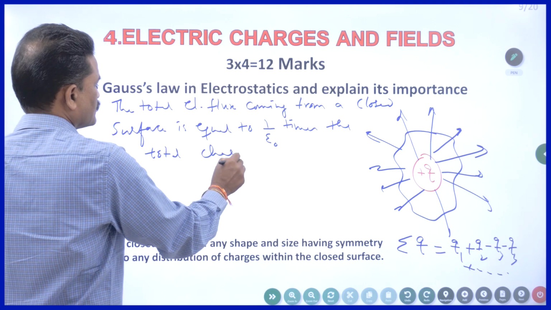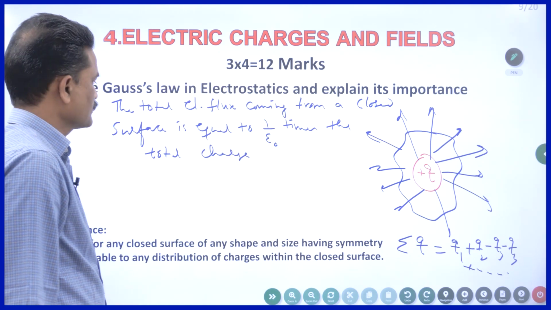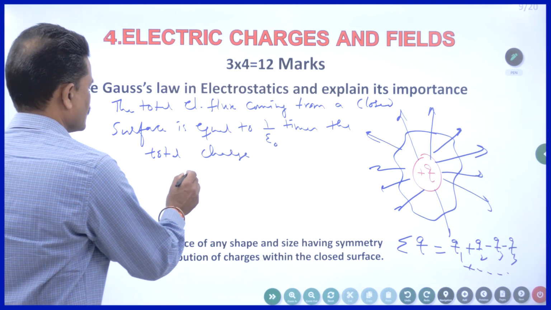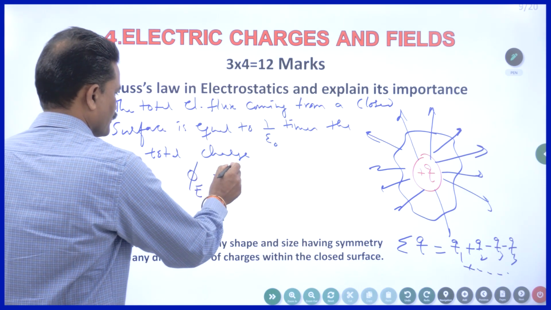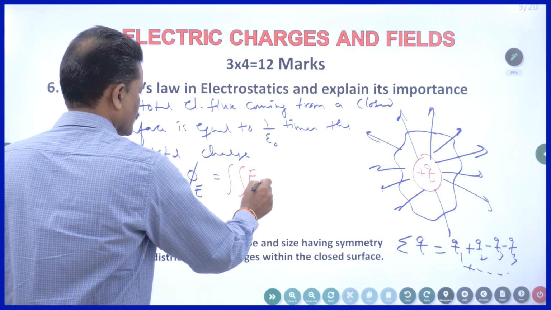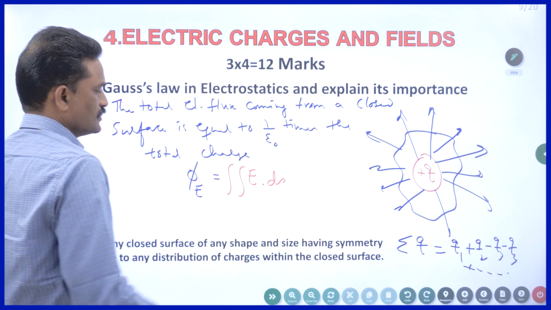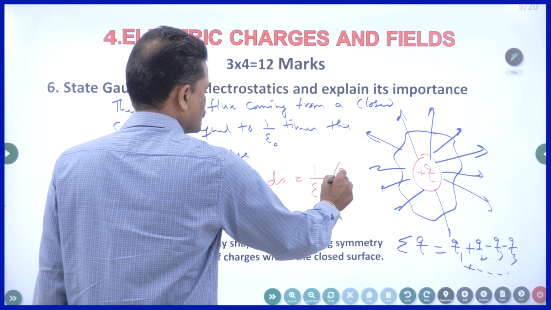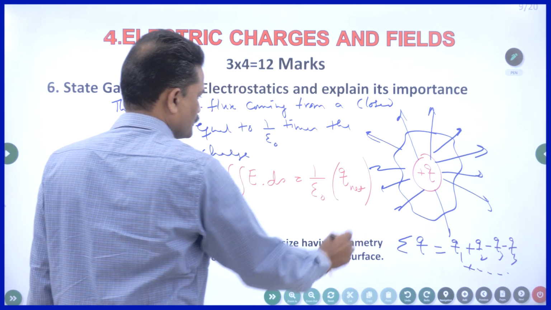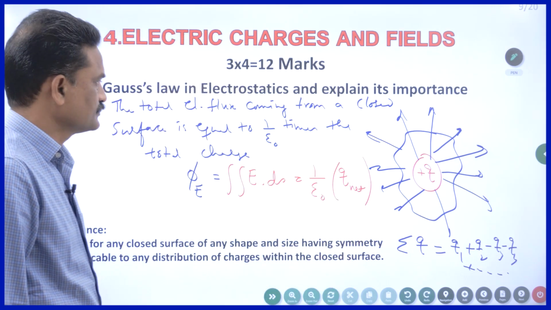This is the statement which carries 1 mark. So, this can be written as phi E is equal to the surface integral of E dot ds. This is equal to 1 by epsilon naught times Q net. If you write this much, you will be getting 2 marks.